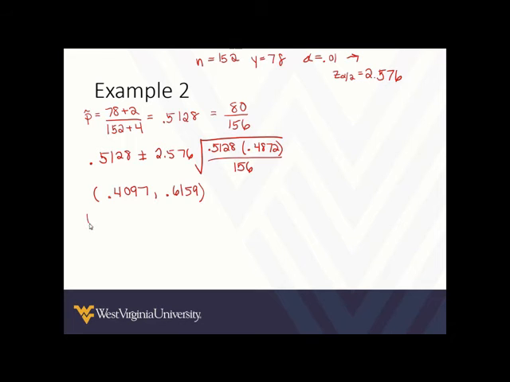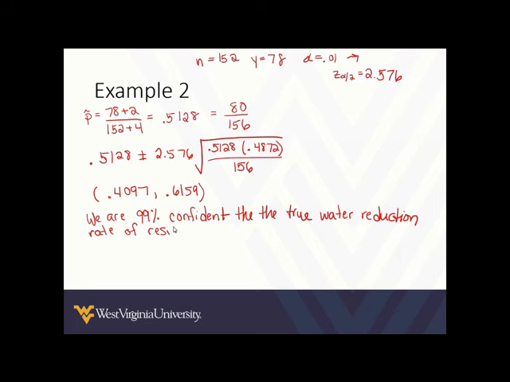So we can then say that we are 99% confident that the true water reduction rate of residents is between 0.4097 and 0.6159. You could have made these percents, that's perfectly fine.